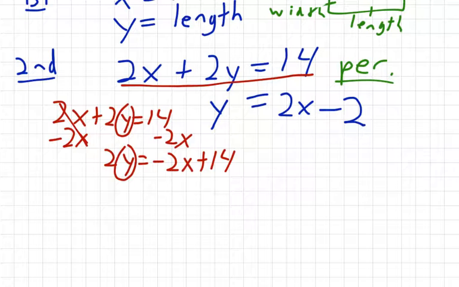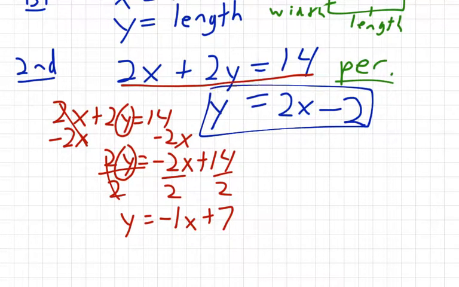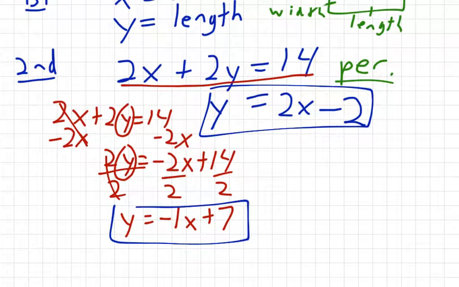And then I want to solve for y, so I need to divide everything by 2. And it would be y equals negative 2 over 2 is negative 1x plus 7. So now both of my equations are solved for y. Sweet. Now on to our last step, we just want to graph each of these and see where they intersect.